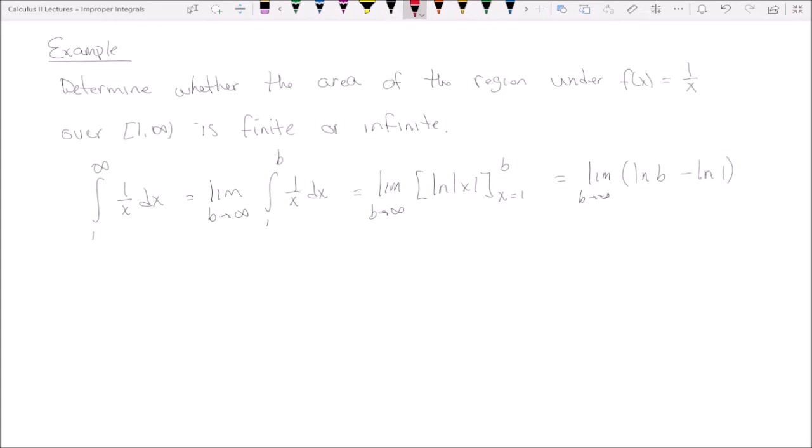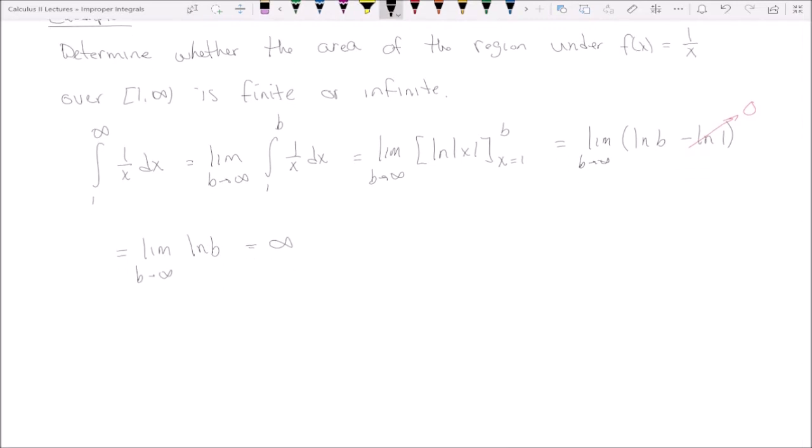Now the natural log of 1, of course, is simply 0. So we're left with the limit as b approaches infinity of natural log of b, and this is infinite. So we can conclude that the area is infinite, right? Because this improper integral diverges to infinity.